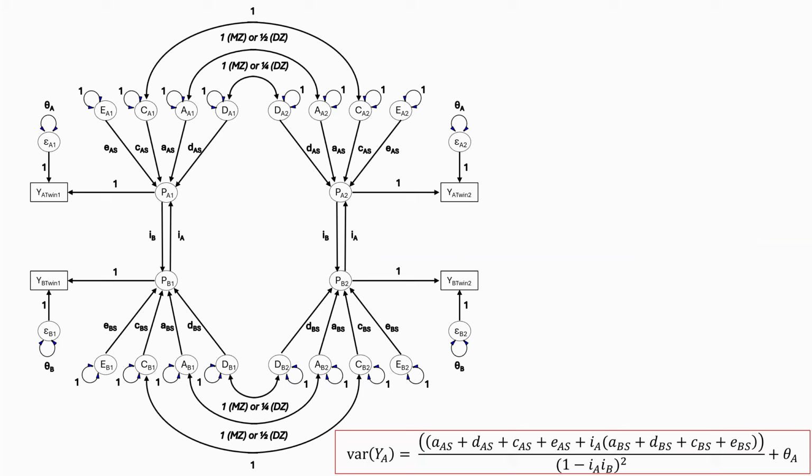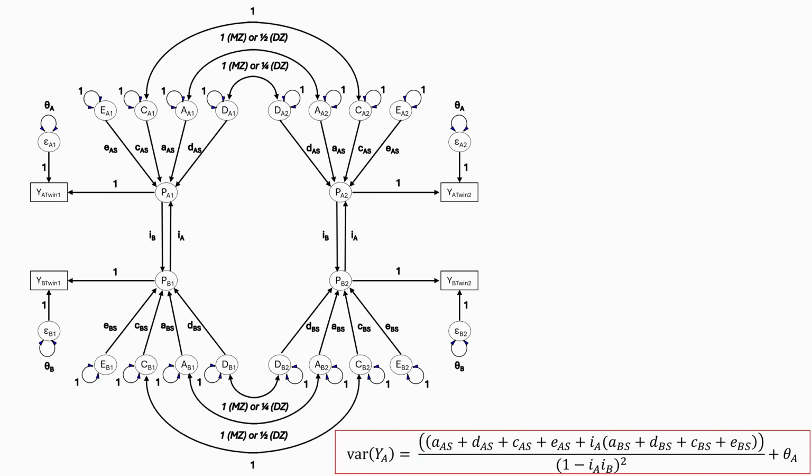What do I mean when I say our models assume that there are no differences in variance between twin 1 and twin 2 for variable YA, and no differences between MZ and DZ twins in terms of their variance of variable YA?